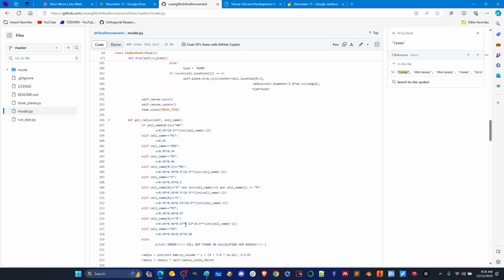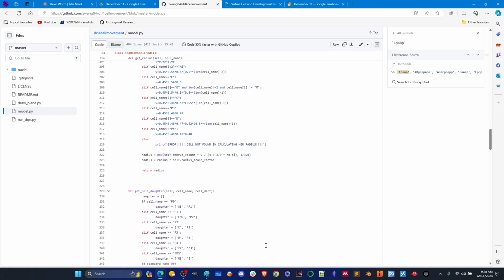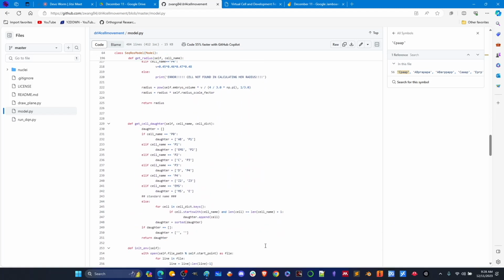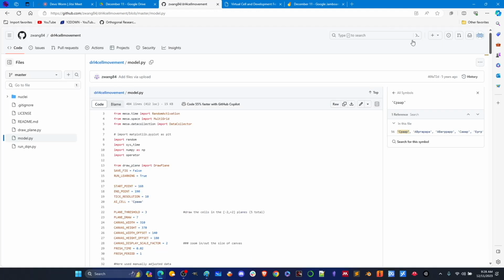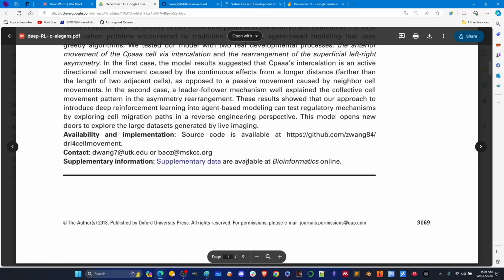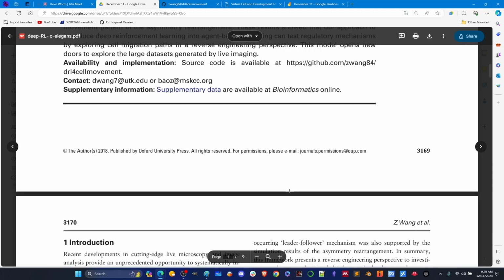And you have a grid full of cells, and it's calculating a radius around the cell to determine what its neighbors are. And I guess you're moving the cells around, and then you're seeing what the neighbors are. You're redrawing the radius. But it looks like a pretty good approach. It's using Mesa, and so let's look at the rest of the paper and see what they've been able to do here.